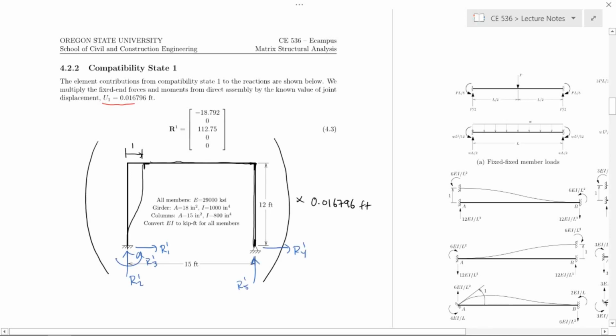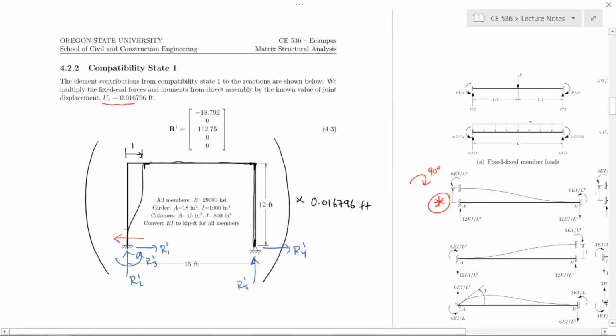Next we want to use the fixed end forces shown over here on the right to determine what the contributions to the reactions are. For the column on the left, it's going to look a lot like this case here. Turn it 90 degrees, and it looks like the column on the left. Now we're only concerned with what's happening down at the location of the reactions, so I'm just going to only draw what we need.